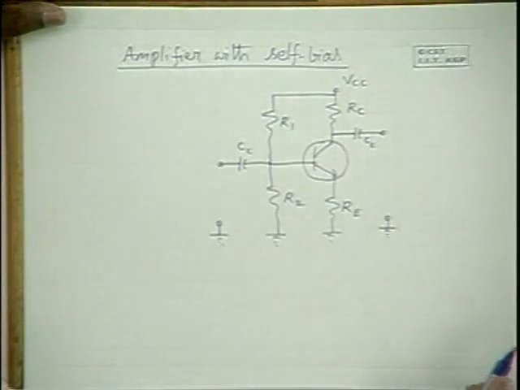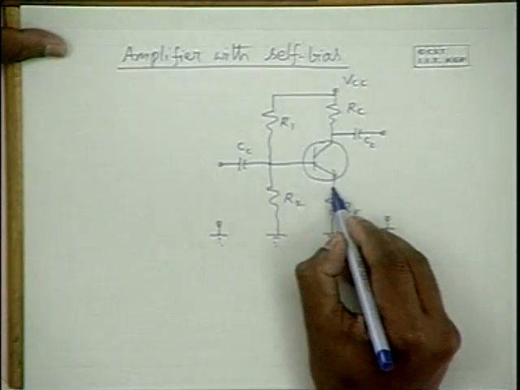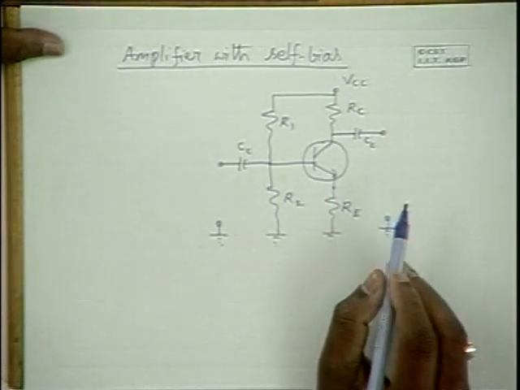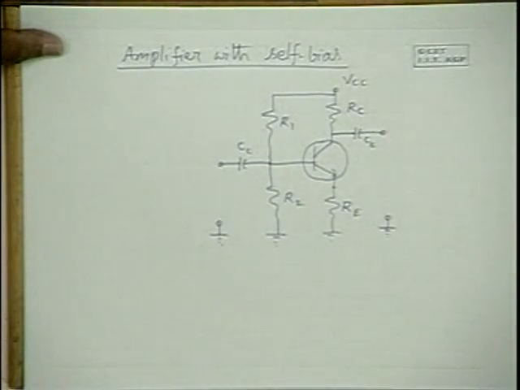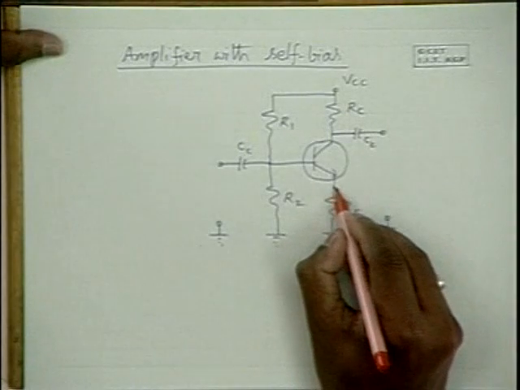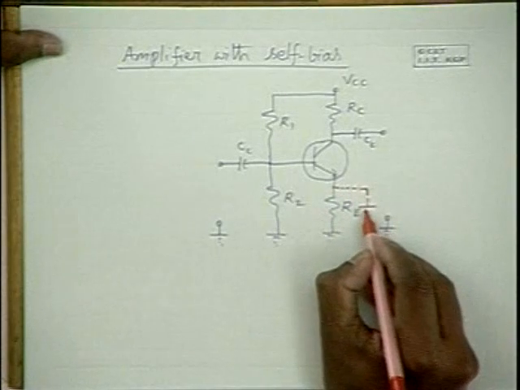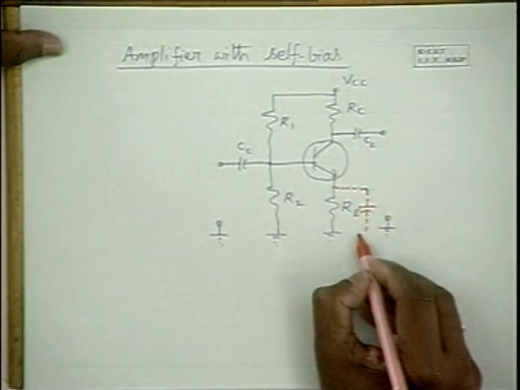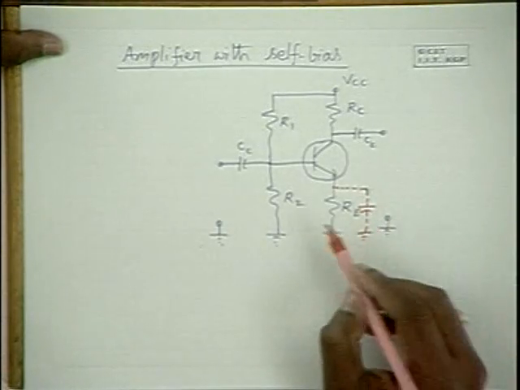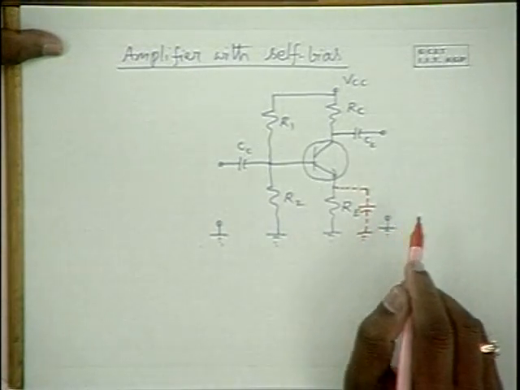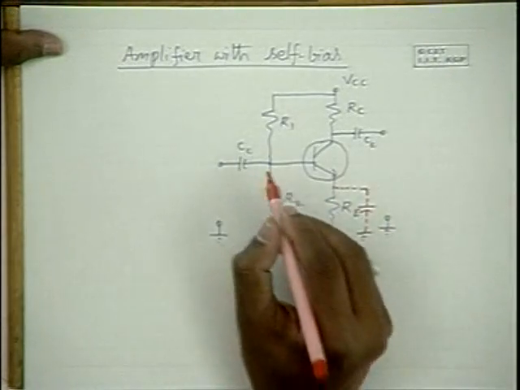This is the amplifier circuit with self bias. The typical circuit which we use for amplification involves a bypass capacitance here. So let us first analyze the circuit without the capacitance, and then I'll explain why this capacitance is required. So for the time being, you treat that the capacitor is not there.